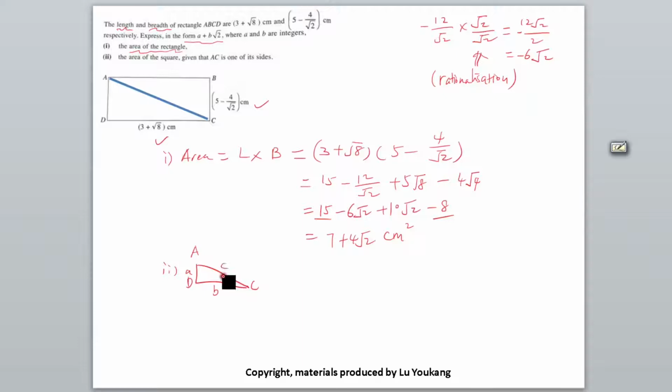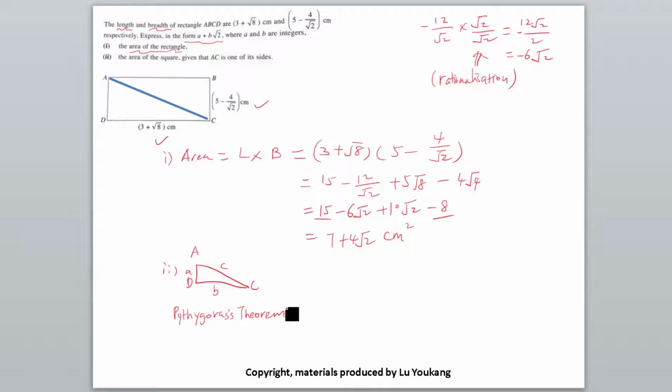So this is simply a right angle triangle ADC. So I can use Pythagoras theorem to find the length of my AC. Remember, you can only use Pythagoras theorem when you have a right angle triangle.